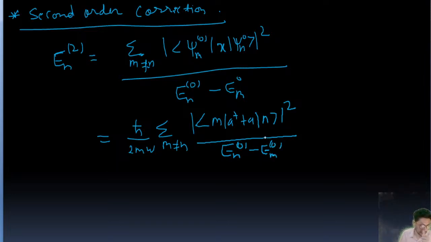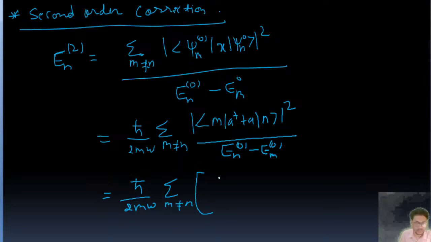Okay, so this is going to be h cut upon 2m omega, sigma m not equal to n, and we'll solve it, right? So this is going to be root n plus 1, m into n plus 1, because it's a raising operator.